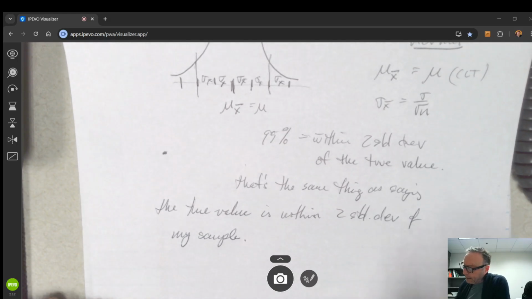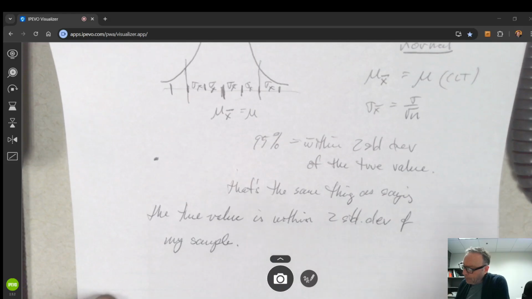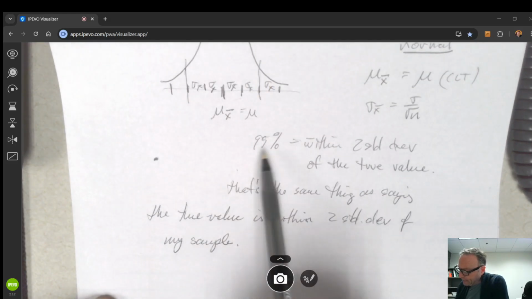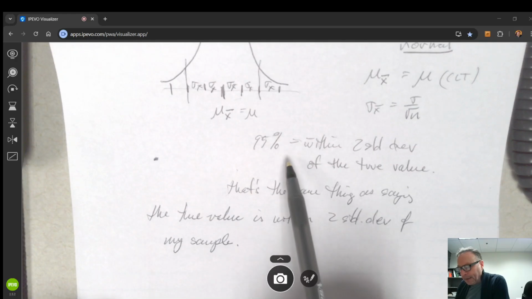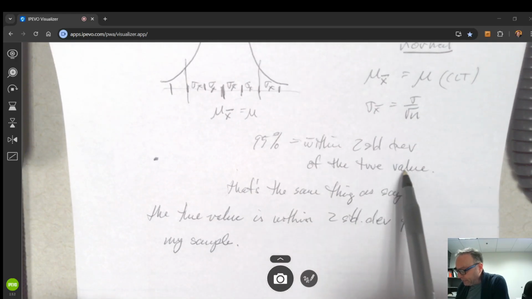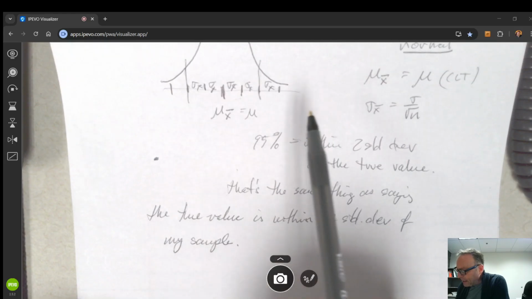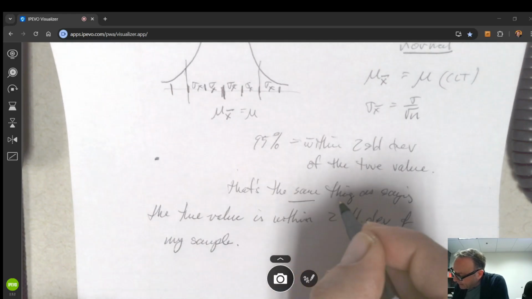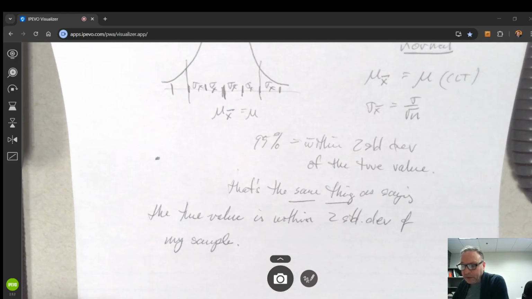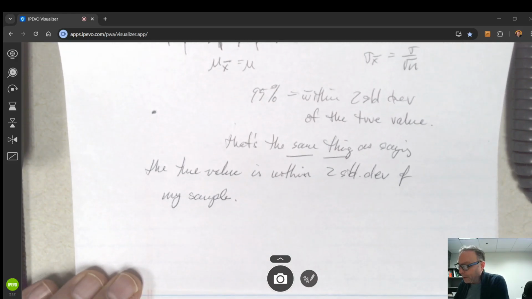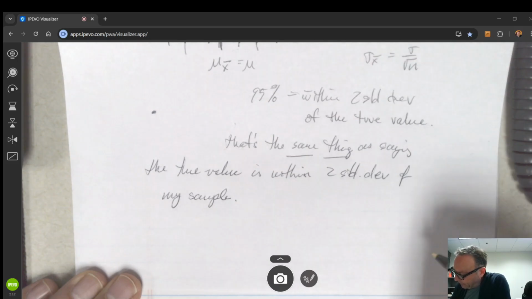If I'm saying that whatever sample I get, it's 95% likely to be within 2 standard deviations of the true value, that's the same thing as saying the true value is within 2 standard deviations of my sample. Let's say I'm sitting here in my office next to the wall.